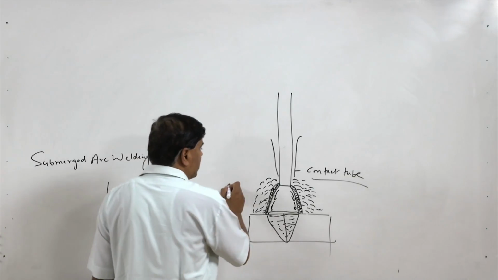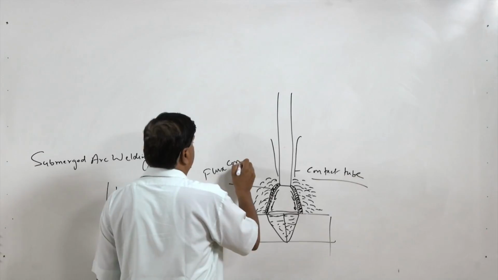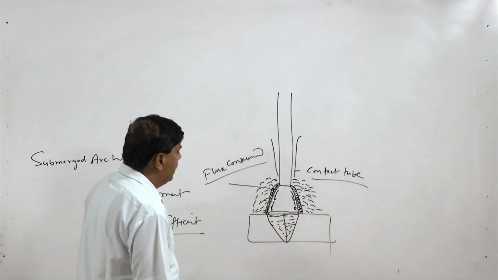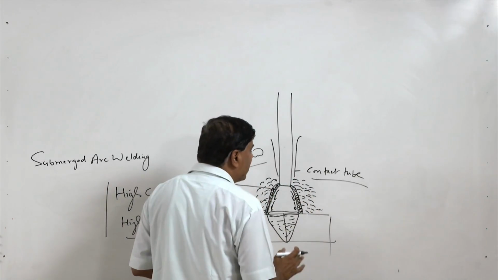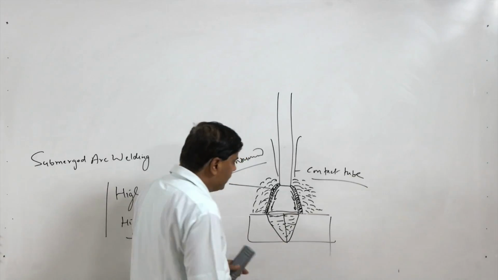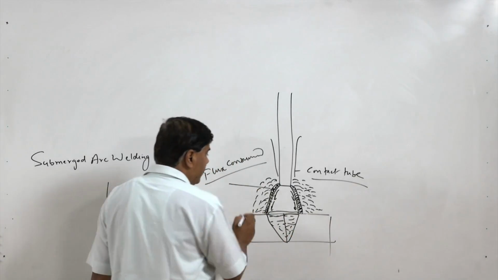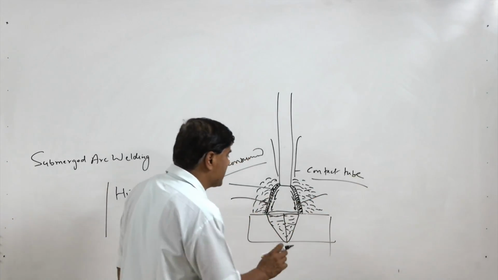So, in this process the flux is consumed, and the molten flux layer covers the arc as well as the molten metal, thereby protecting it from atmospheric gases.